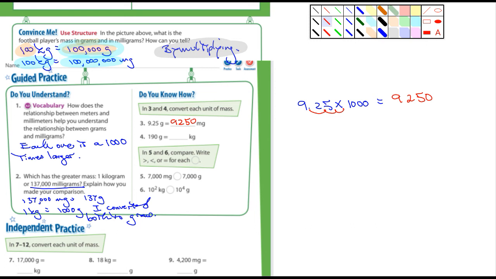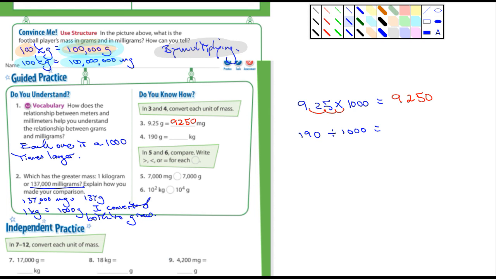Oh, actually, no, the next one, number 4, we're going from 190 grams to kilograms. We're going from smaller to larger. So that means we're going to be dividing by 1,000. So let's go back to 190 grams, and this time we're dividing by 1,000 because we're going from something smaller to something larger.